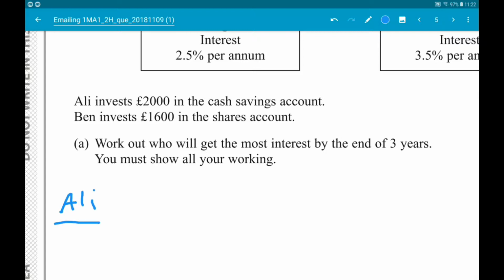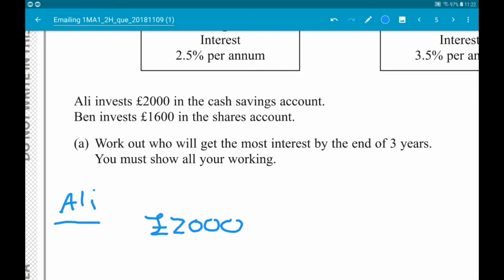to work out how much money she's going to have in the account after 3 years, we're going to do £2,000. Now we need to think about what the decimal multiplier is. So 2.5% is 0.025.